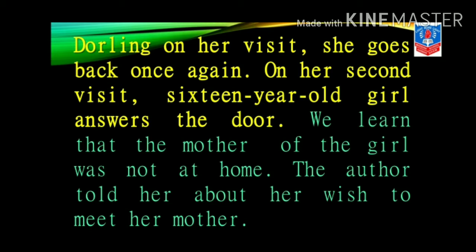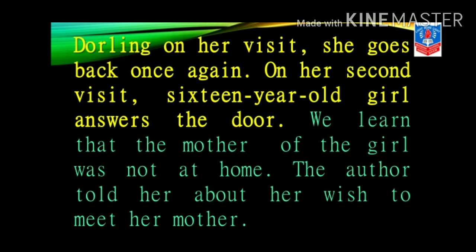But the narrator did not leave the matter there. She goes again to that house, Marconi Street, to Mrs. Darling. On her second visit, a 16-year-old girl answers the door.